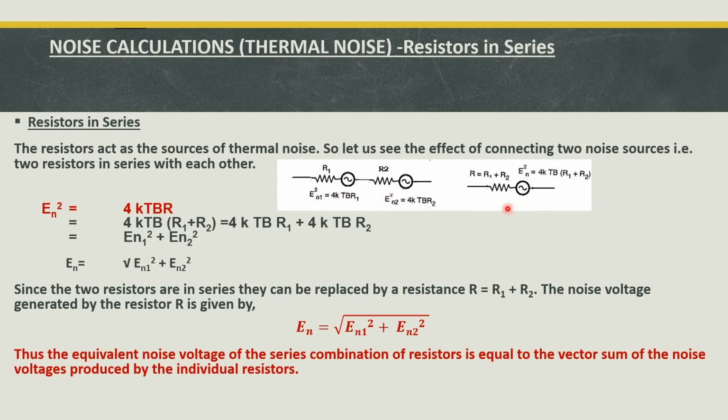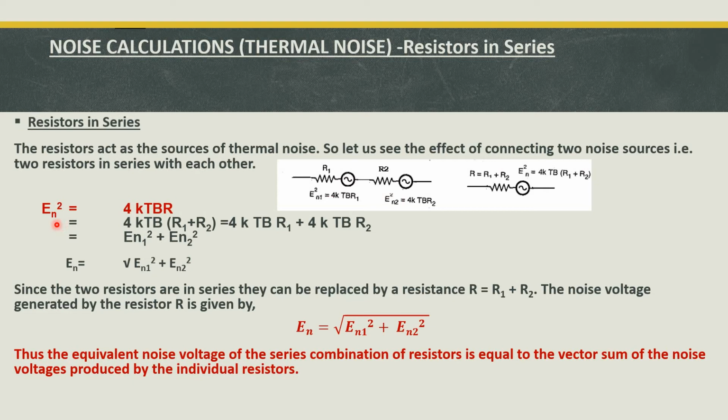The equivalent thermal noise, if connected in series, we can combine together, R1 plus R2 represented as R. So the resultant noise voltage is En square equal to 4kTb times R1 plus R2.